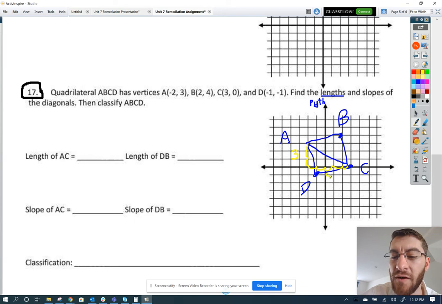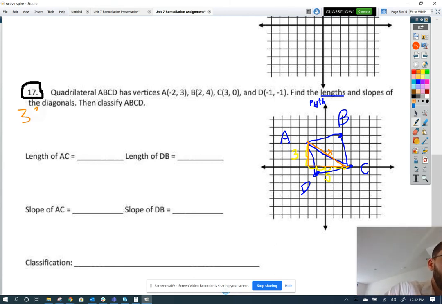So that's over 5. So this shape right here is now a right triangle, and we want to find the length of that diagonal.